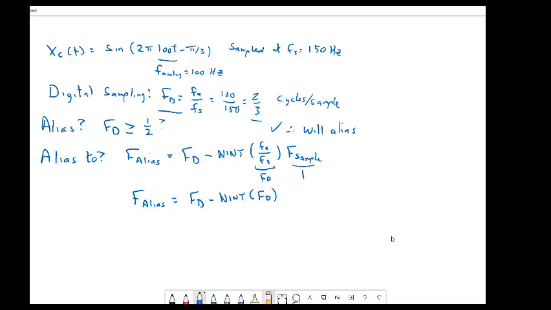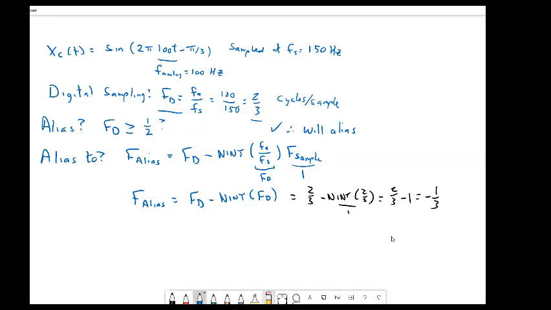For our particular example, well, we had our digital frequency was 2/3, and we would want to take away the nearest integer to 2/3, which is just 1. So 2/3 minus 1 would give us an aliased frequency of minus 1/3.